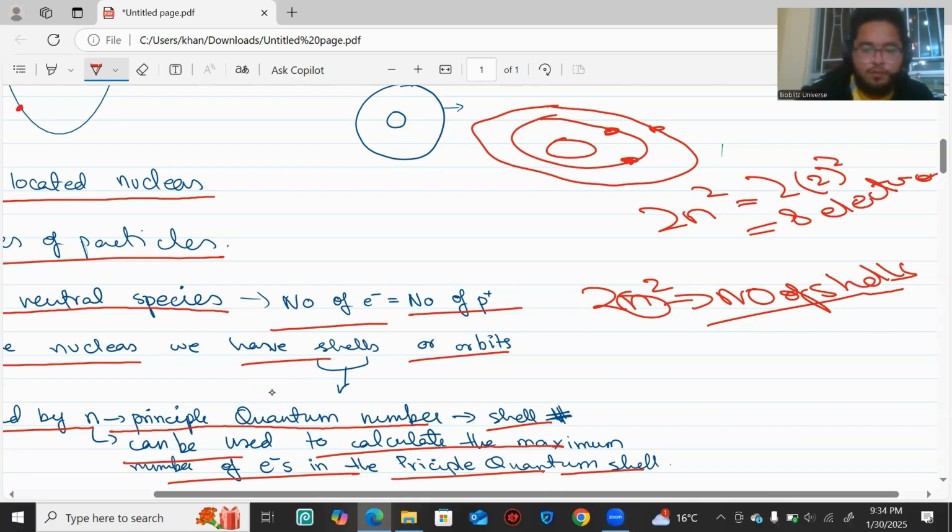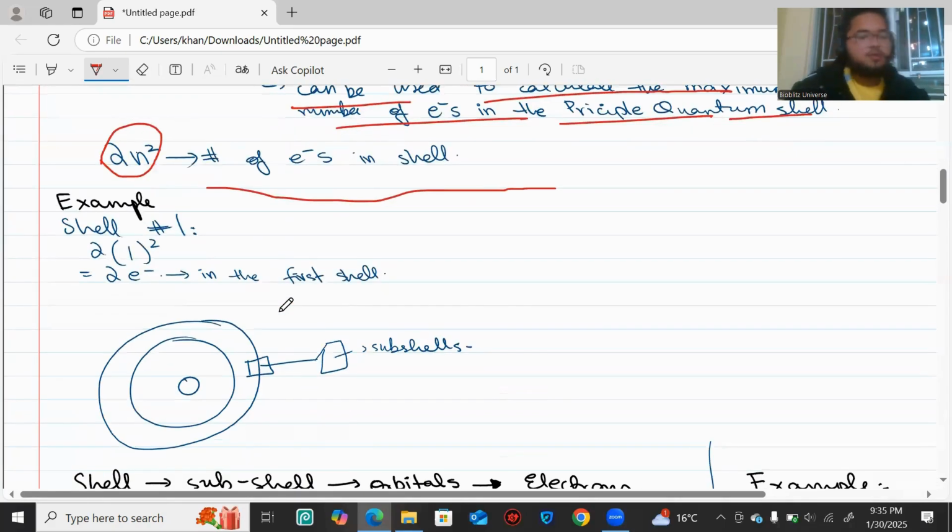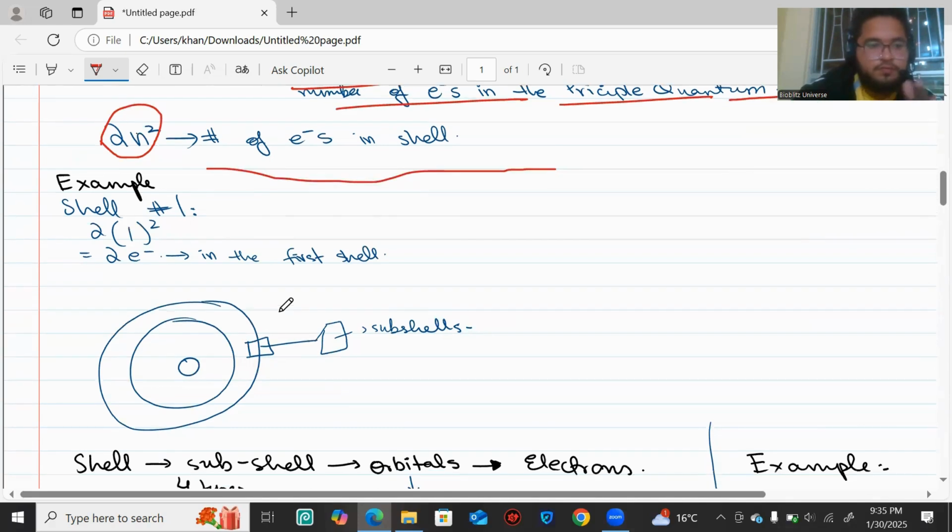By this formula, we can tell the number of electrons in a shell. If it's the second shell, it will have 8 electrons, if it's the first shell, it can hold 2 electrons, and if it's the third shell, it will have 18 electrons. So this is how it's done.